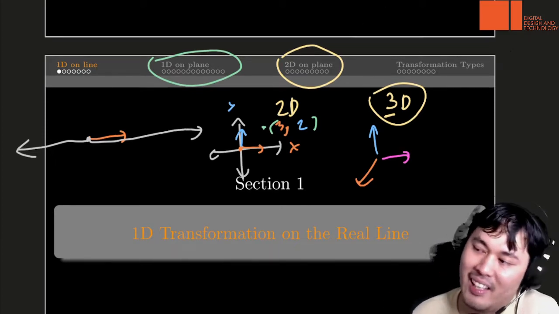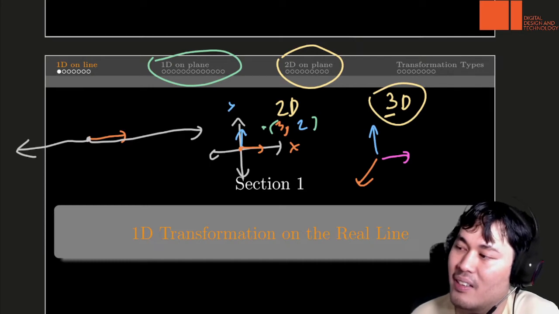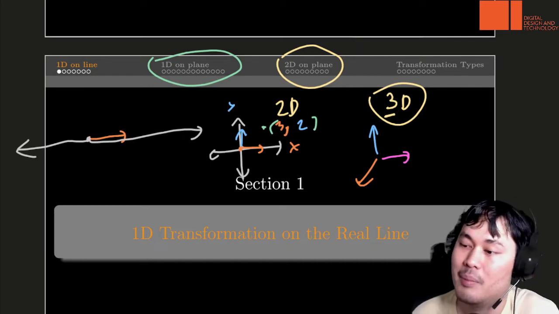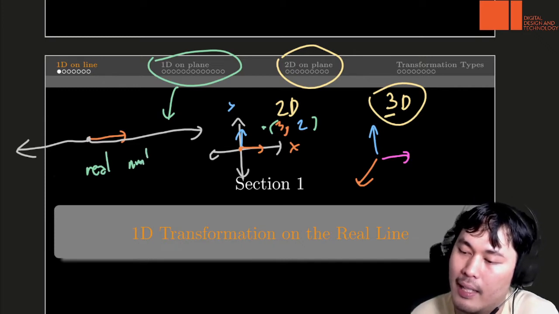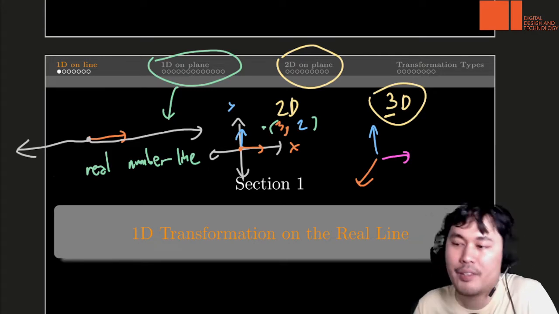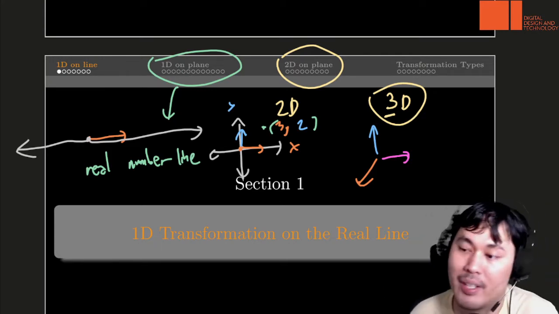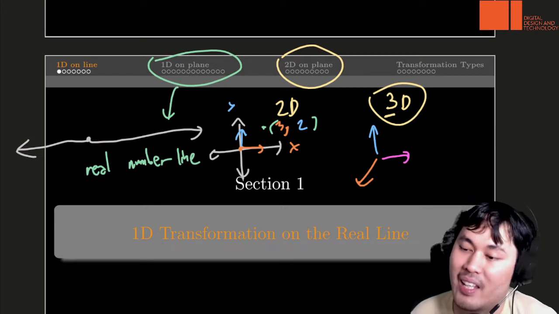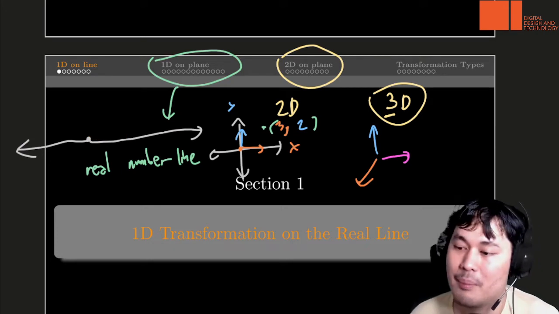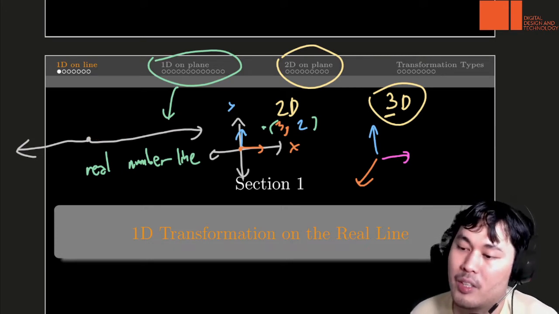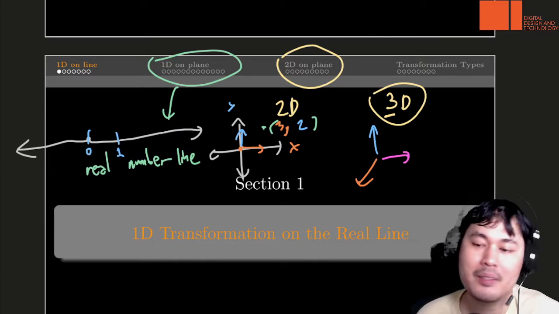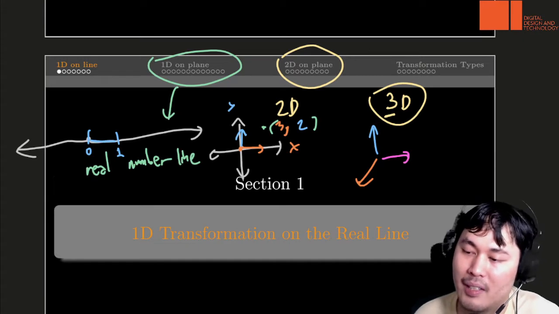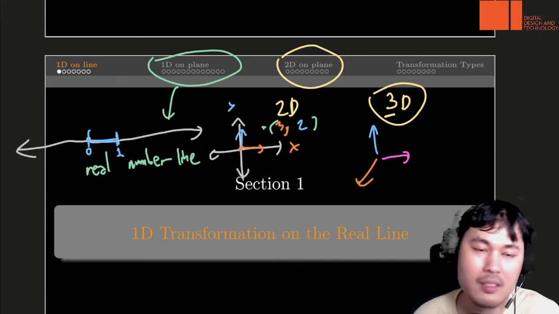And that one dimension can and also should be thought of as the real number line. It's a line that has all the real numbers. The way we can achieve that is to make some arbitrary point 0 and have 1 somewhere to the right of it, and we put that as a unit.